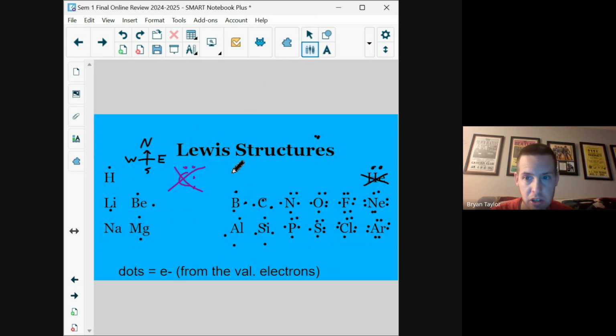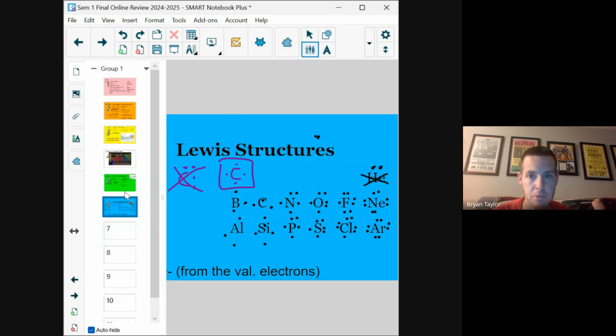They're single and ready to mingle. This is correct, and now you can connect and make those bonds. This is good. This is not. That's really what it comes down to with Lewis structures.